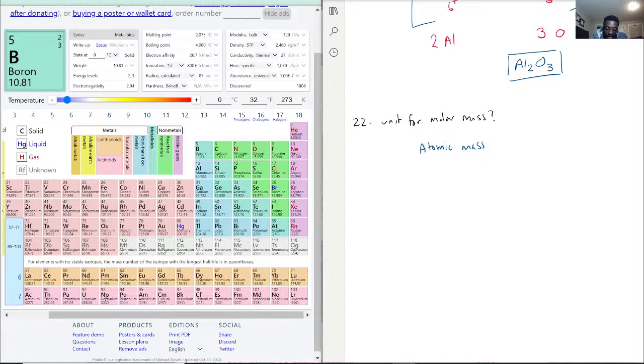Another way to phrase that is the atomic mass per mole of element. Mass per mole.